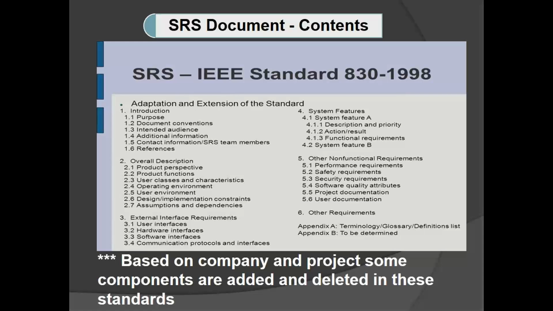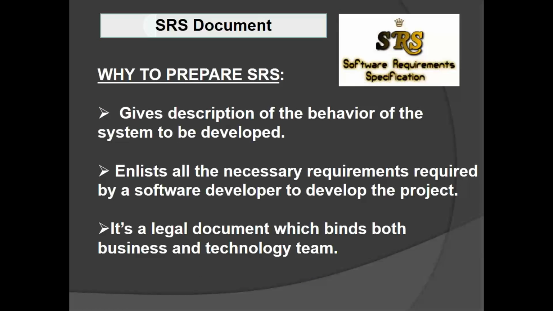Now, first, let us see what SRS documentation is. As I said, SRS stands for Software Requirement Specification or System Requirement Specification. This document explains the complete behavior and description of the system. That means it explains how the data is flowing in the system.